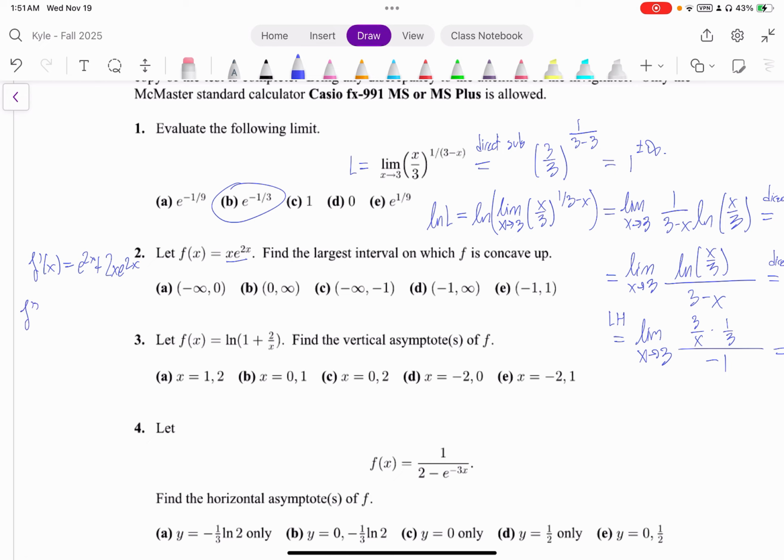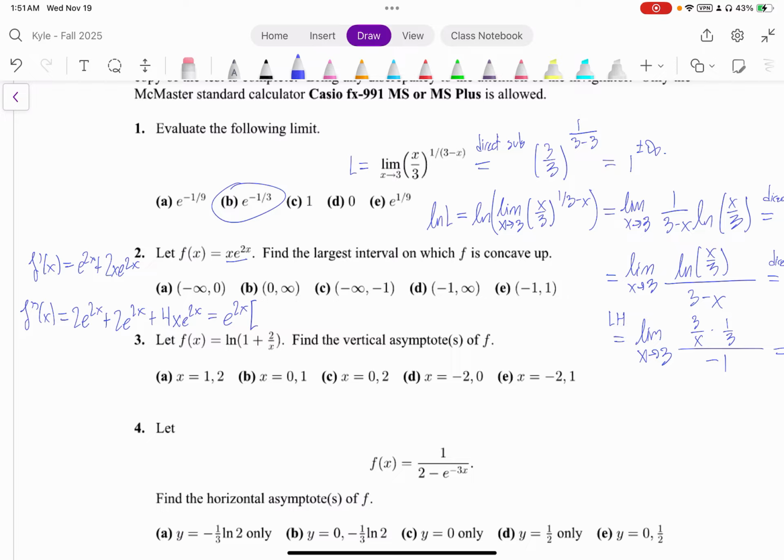The second derivative here, f double prime of x, will now be 2e to the 2x plus 2e to the 2x plus, so that's the derivative of the x term, and now the derivative of the e to the 2x term will have 4x e to the 2x. So this is e to the 2x factored out.